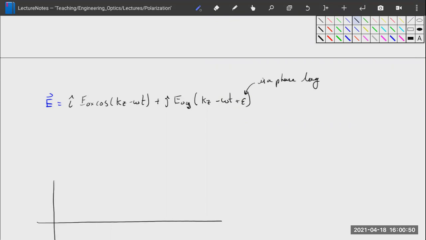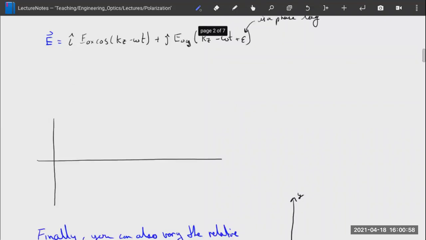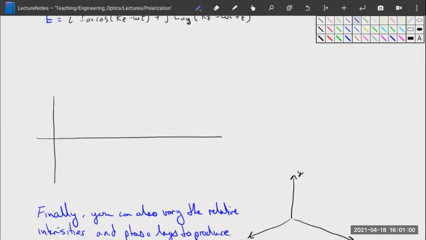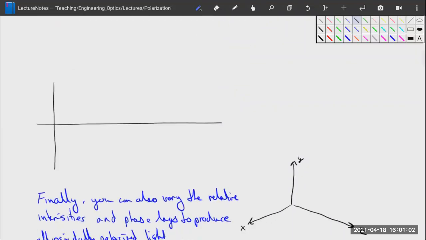Normally, if the two are in the same phase, then the electric field is always pointing in the same direction. But if we produce a phase lag, we're going to draw this in 2D first, right? Let's draw the magnitude of these two things first. So we're going to draw an Ex.